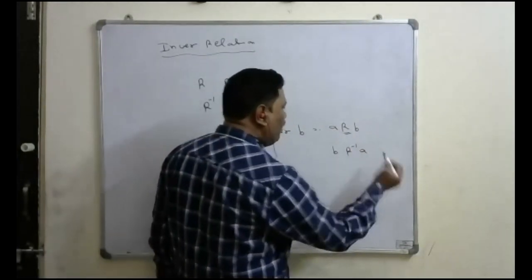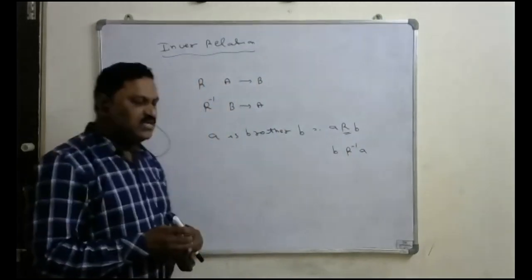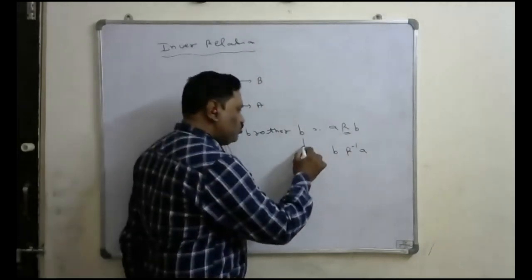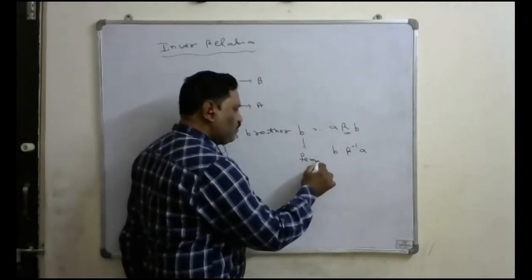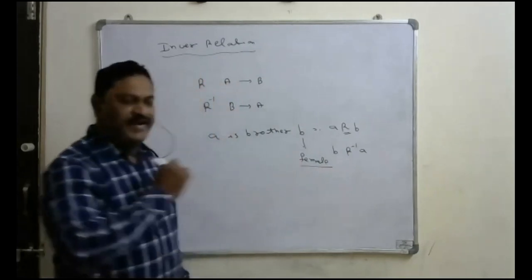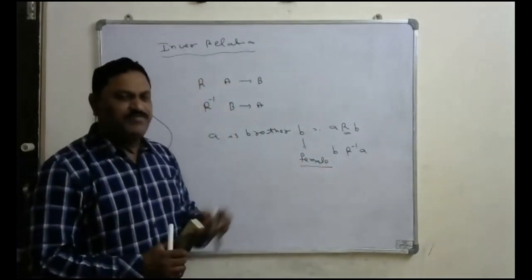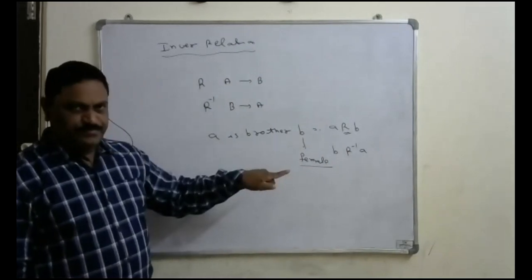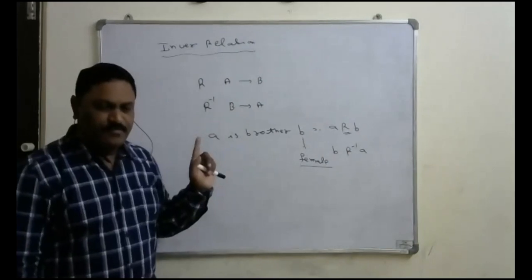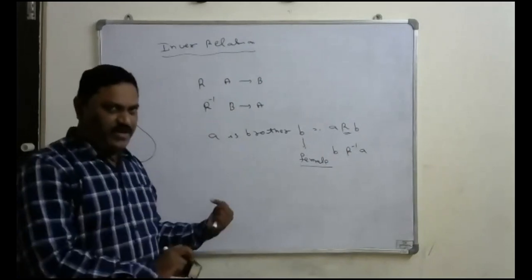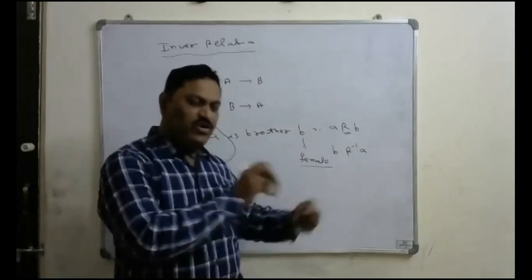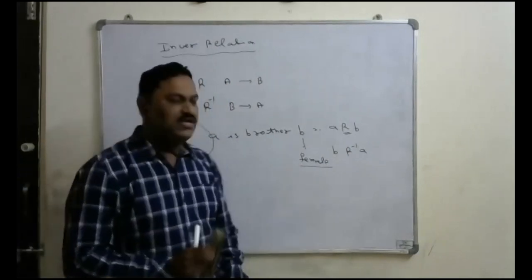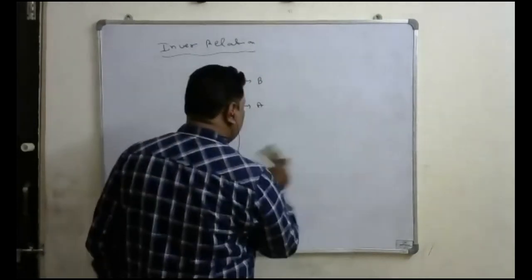That is represented as B R inverse A. If A is the brother of B, suppose B is female, let us assume that. Then what will be the relation from B to A? If A is the brother of B, then B is the sister of A. So that relation is the reverse, the opposite relation, and that relation is called the inverse relation. Okay. So this, you can call it like this.